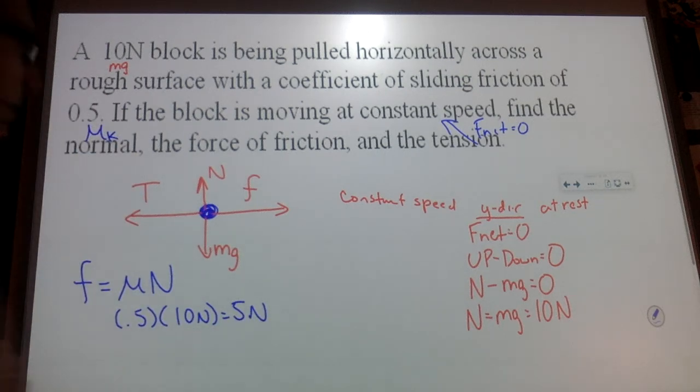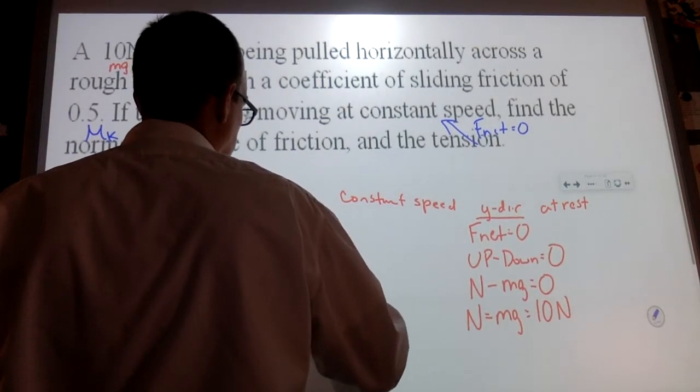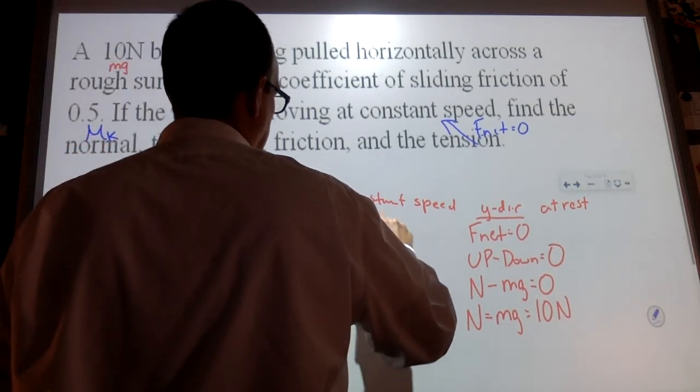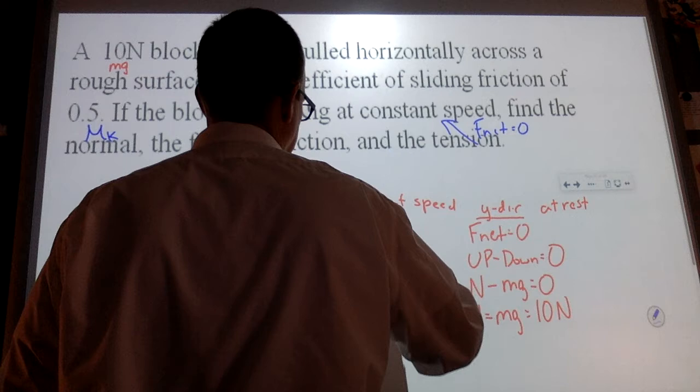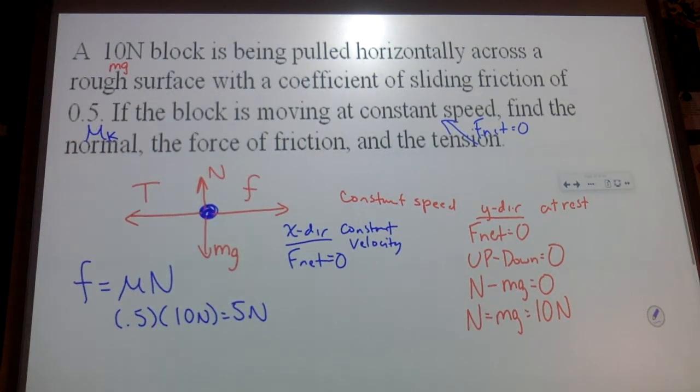All right, now I can look at the x direction. In the x direction, my forces are balanced as well. Why? Not because it's not moving, but because it has a constant velocity or a constant speed. So now I'm going to take my rights minus my lefts.